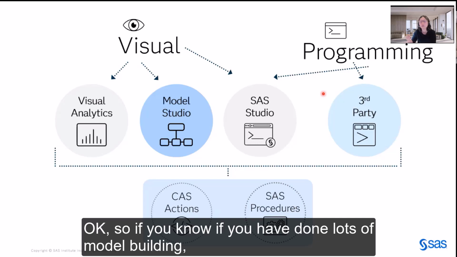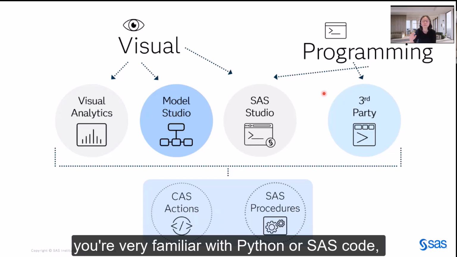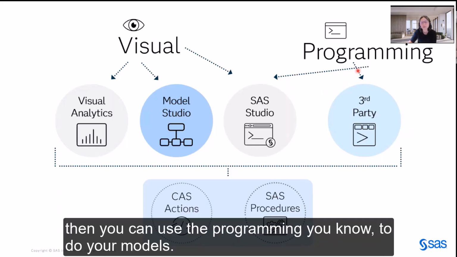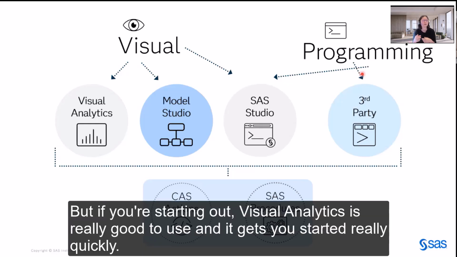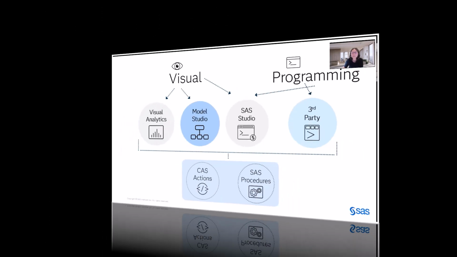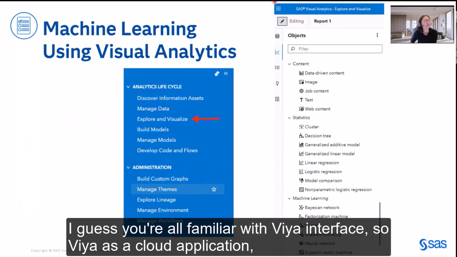So if you have done lots of model building and you're very familiar with Python or SAS code, then you can use programming to do your models. But if you're starting out, Visual Analytics is a really good tool to use, and it gets you started really quickly.